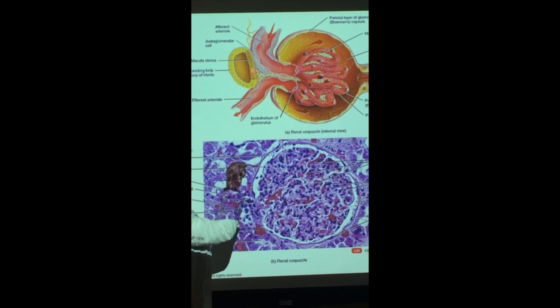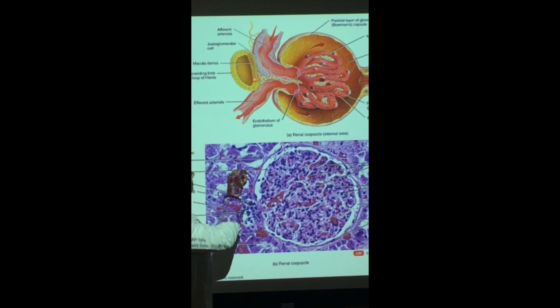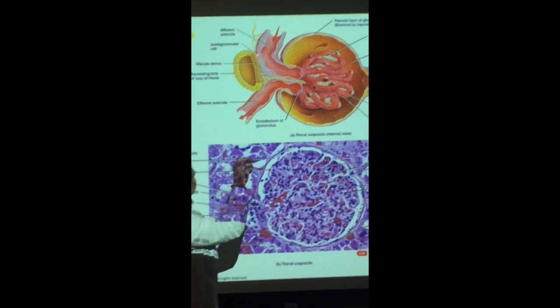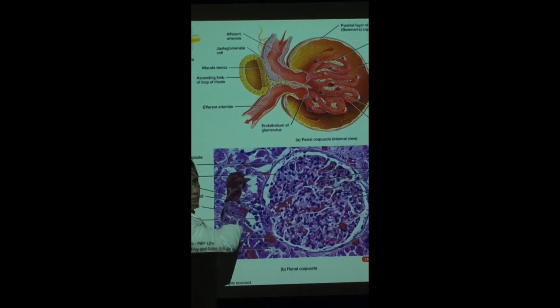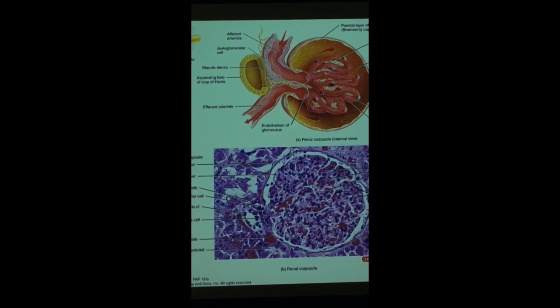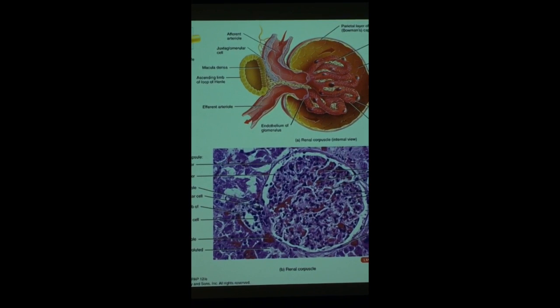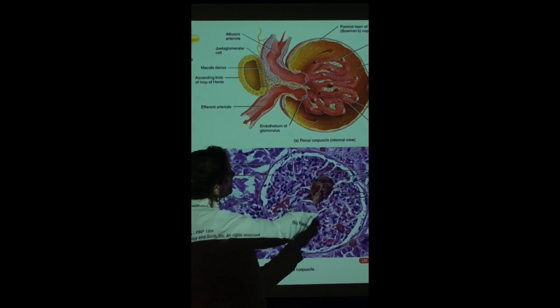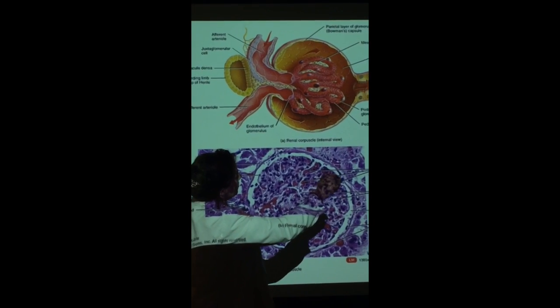You have right here the macula densa cells, and you also have juxtaglomerular cells, and this is where you have the juxtaglomerular apparatus, the JGA, which helps with renin when your blood pressure is too low, and then you start the RAS system, the renin-angiotensin-aldosterone system.